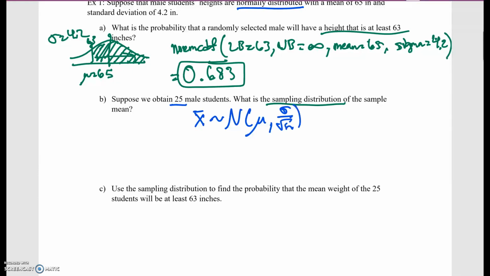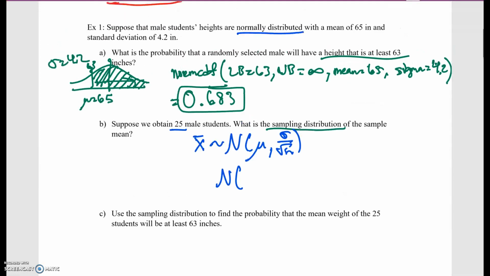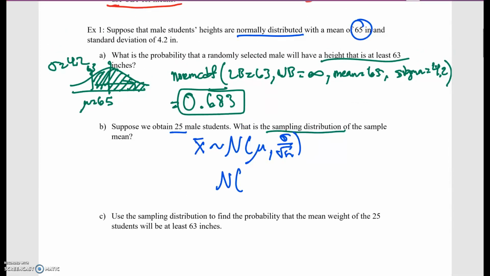Okay, so here all we got to do is just plug in the numbers. The mean mu is just going to be the same thing, 65. Sigma in this case was just 4.2. And square root of n, where n is equal to 25 since we're getting 25 students.